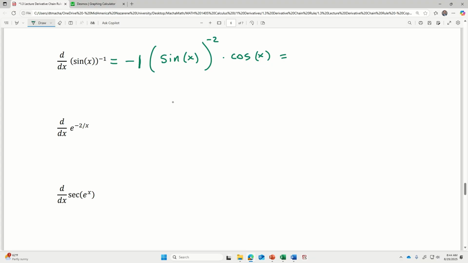If I was really trying to simplify this even further, one thing I could say is, well, sine raised to the negative 2 power. I know that negative powers are talking about taking the reciprocal, and the reciprocal of sine is cosecant. So one thing I could do is just write this as negative cosecant squared x times cosine of x.